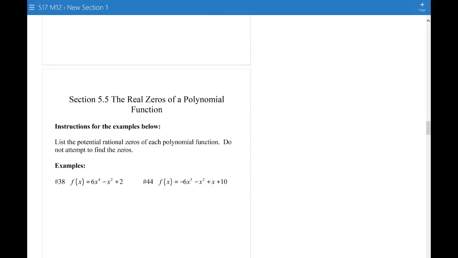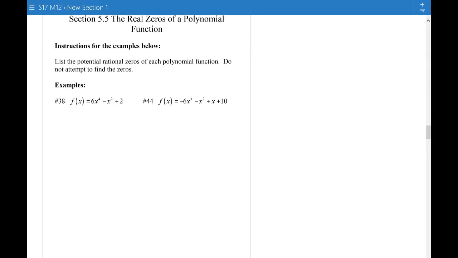Okay, so let's look at the next examples, and we'll do the first one on the movie here and the second one in class. So this says just list the potential rational zeros of the polynomial function. Don't attempt to find the zeros. So let's look at factors of a sub 0, which means factors of 2 in this case.